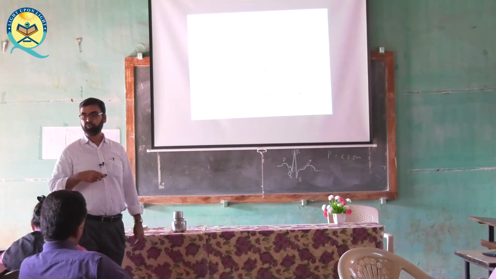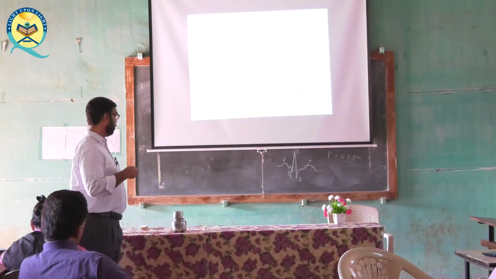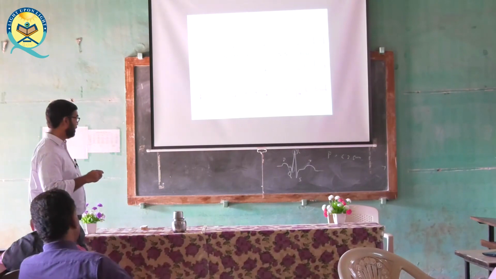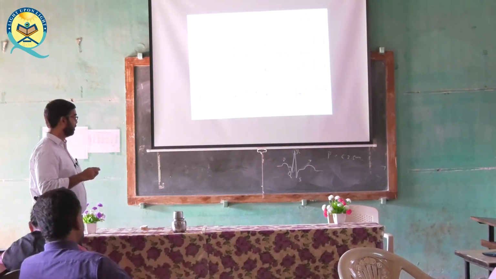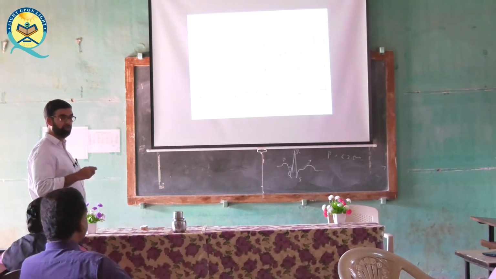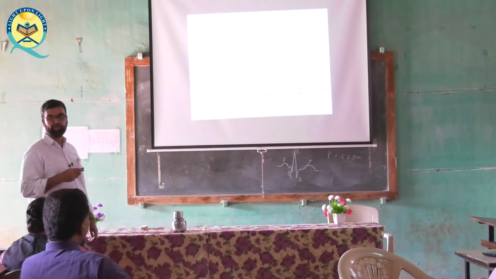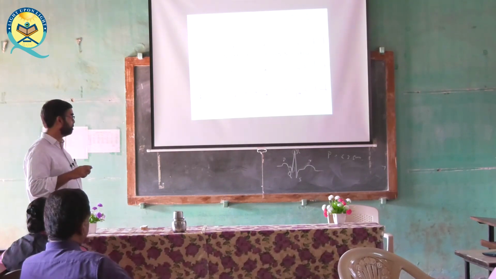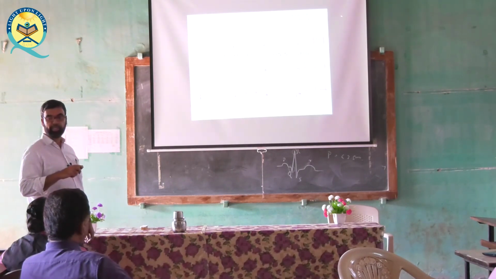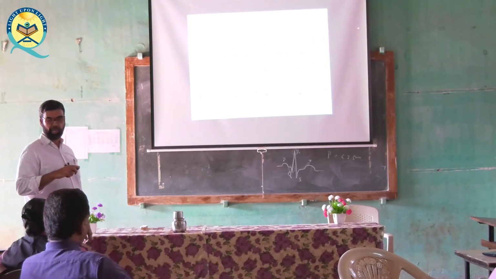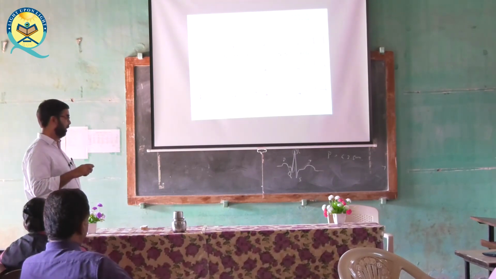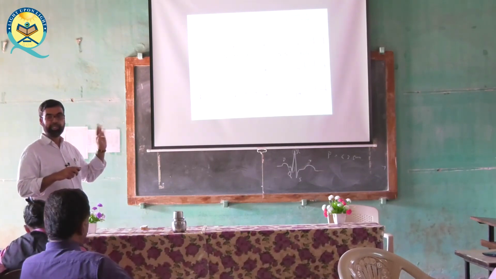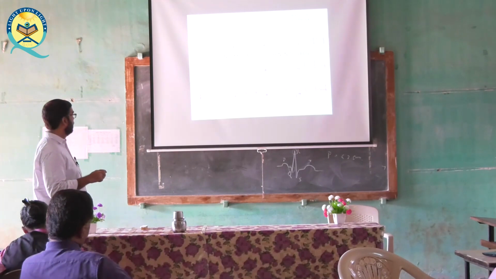If in AVF it is more than 20, it is abnormal. And if the R wave in V1 is more than S wave, it is abnormal. अभी कैसा पैटर्न है? S is more than R wave. R wave small है, S big है. Okay, so if R wave is more than S wave, then it is abnormal. You got it?